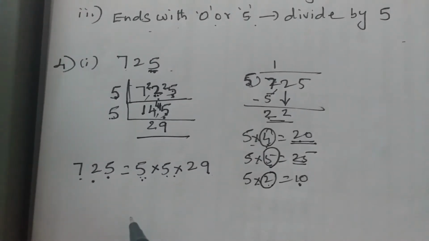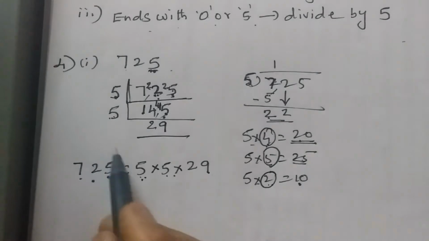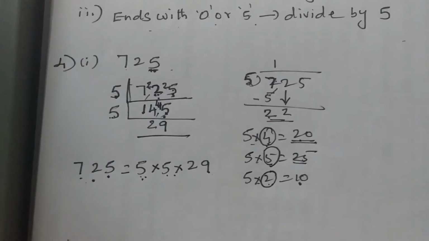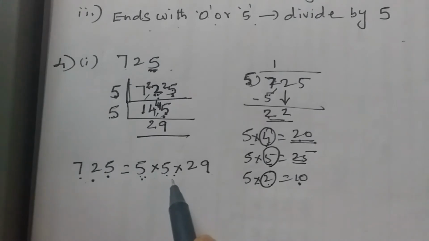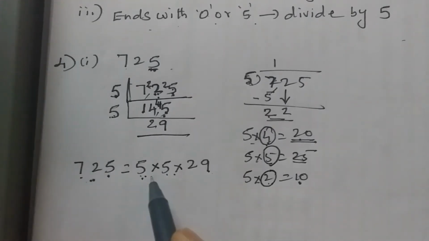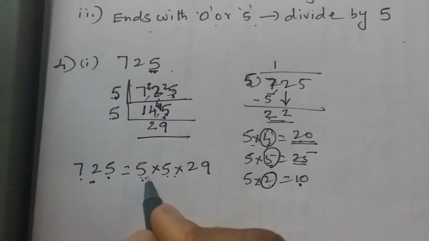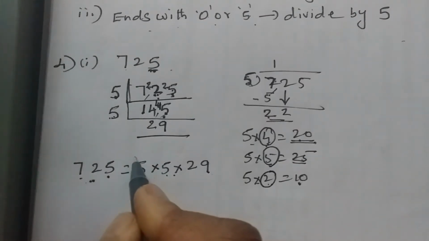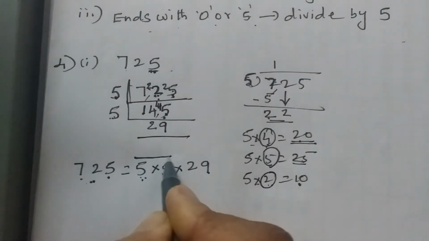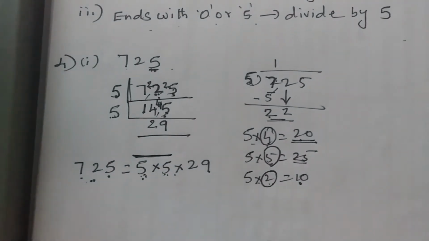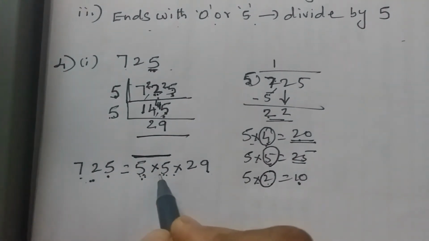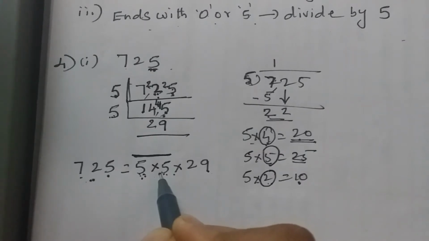And now the question is, we have to check whether it is a perfect square. What to do for that? Perfect square means when you multiply 2 same numbers, you get it. So what we have to check is, in the prime factors, for every factor you must have 2 same factors. 5 into 5 it is there: 2 same factors, an even number of same factors.